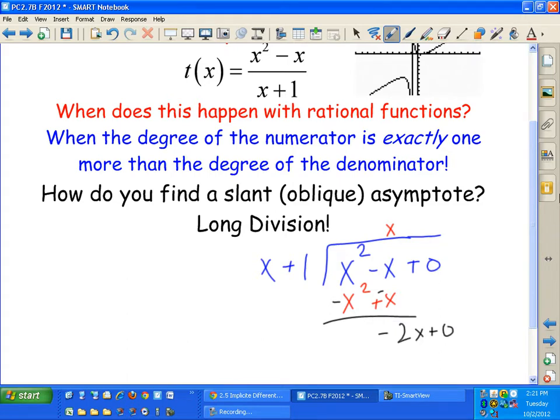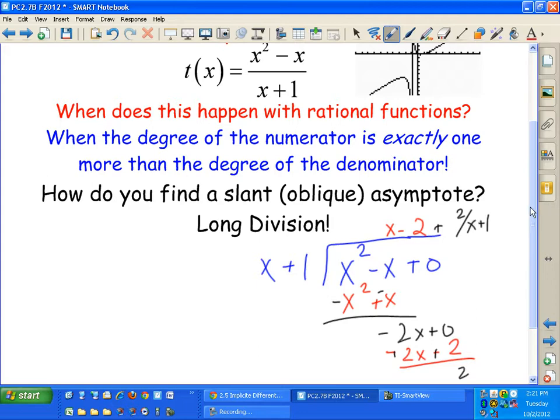So that means that I'm going to have to multiply this x out here by -2 to make it look identical. So I get -2x minus 2. And when I change the signs on the bottom row to add straight down, I end up with 2. And so I have a remainder of 2. So this is really 2 over x plus 1.